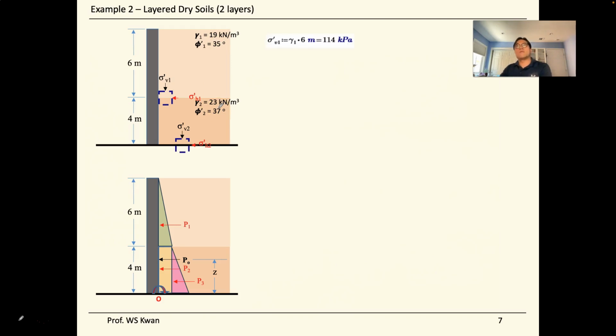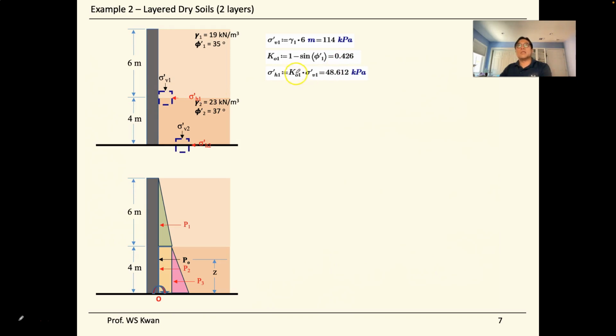So procedure-wise, first we want to find the vertical stress at the bottom of the first layer. It is gamma 1 times the 6 meters, which gives us the vertical stress. And we can find the K naught value, which is 1 minus sine phi. The phi is 35 degrees on top, so we find the K naught value. Then we want to find the horizontal stress at the base of the first layer.